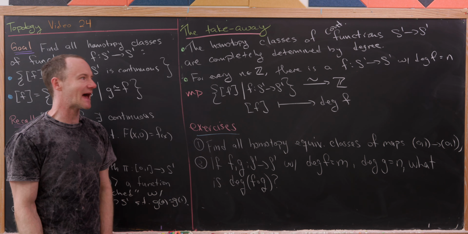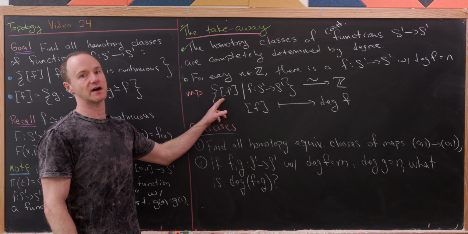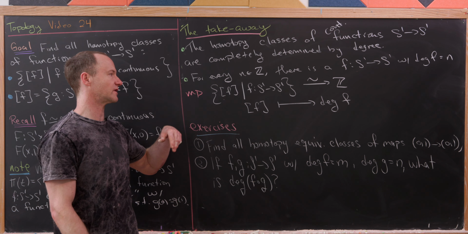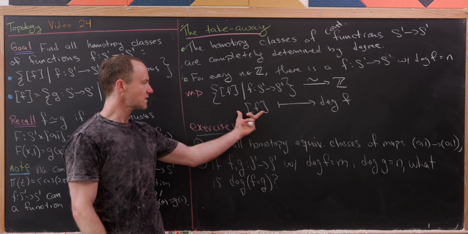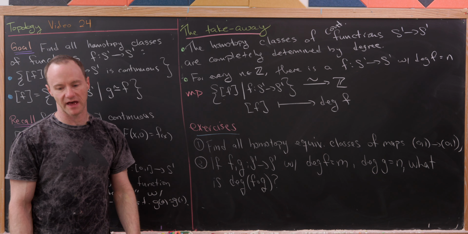But that sets up a natural bijection from the equivalence classes of the functions from S1 to S1 under homotopy equivalence to the integers, where we take the equivalence class of f to the degree of f.